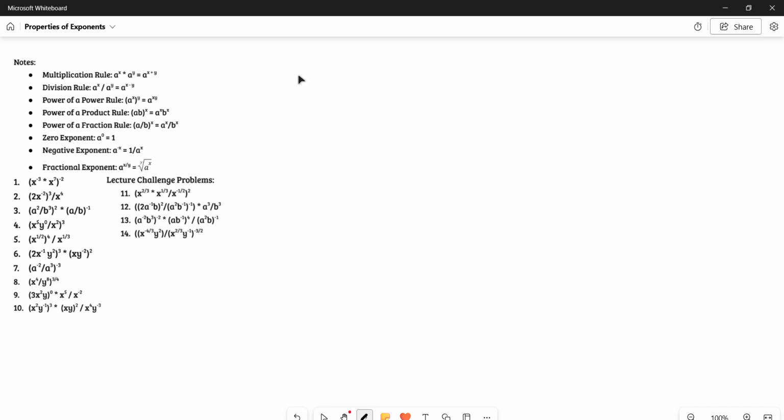For number 1, we have x to the power of negative 3 times x to the power of 7, all to the power of negative 2. We're looking at not only the product rule, but the power rule. So we're going to focus on this one first.